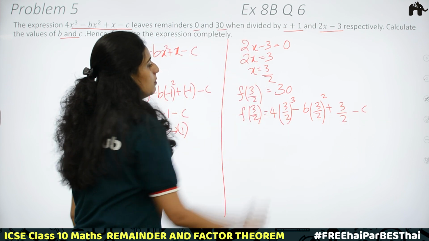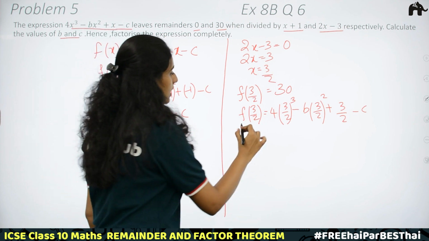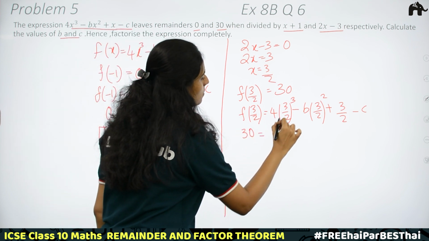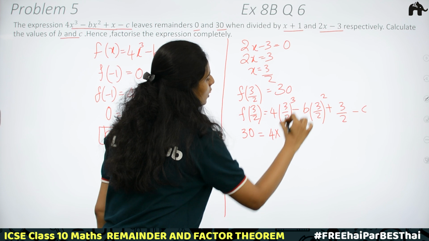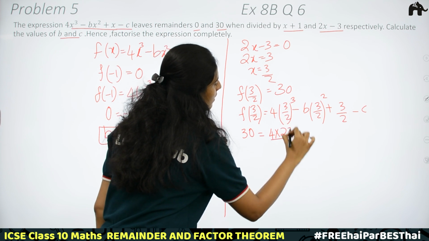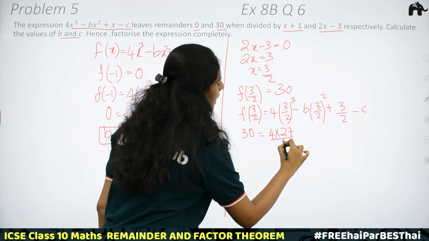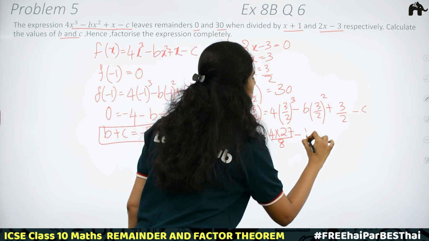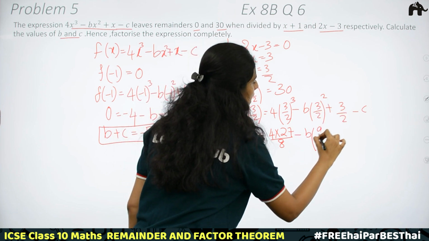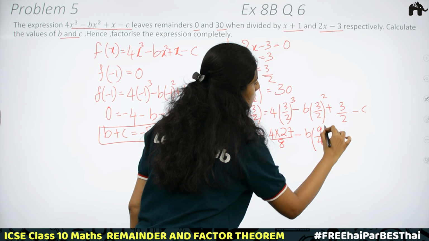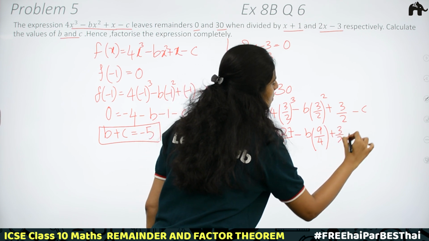Okay, f of 3 by 2 we know is equal to 30. 30 is equal to 4 into 3 cube is 27 divided by 2 cube is 8, minus b into 3 square 9, 2 square 4, plus 3 by 2 minus c.